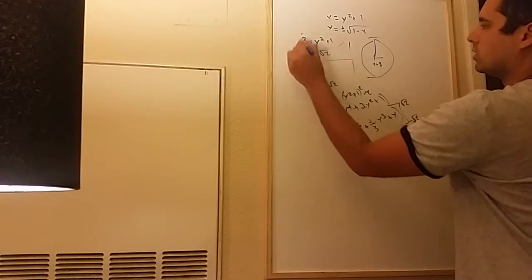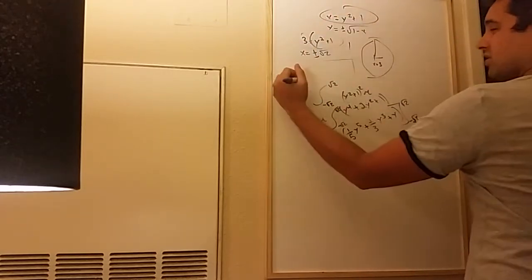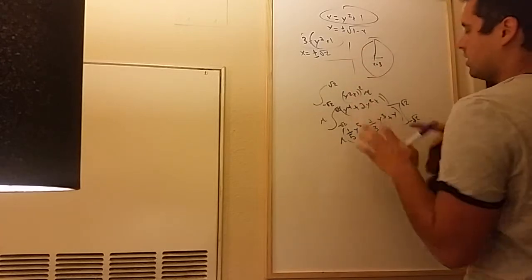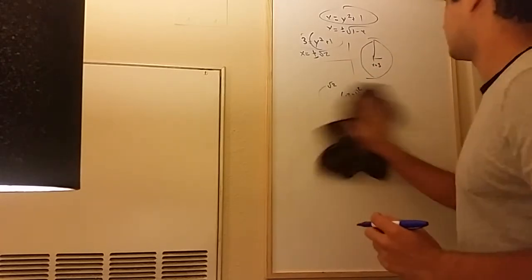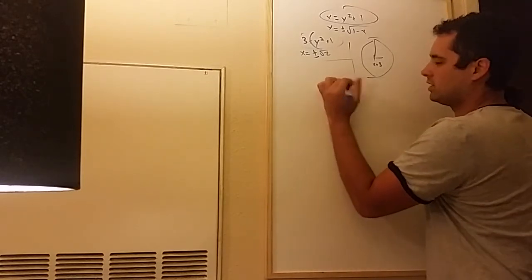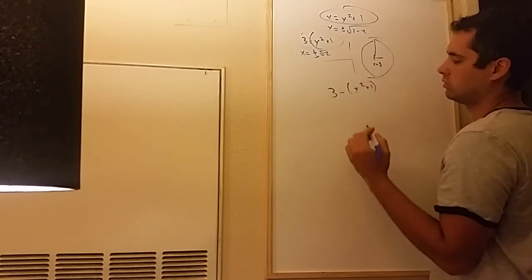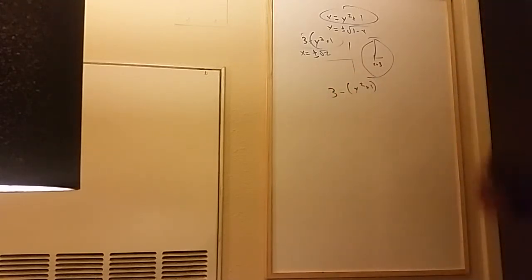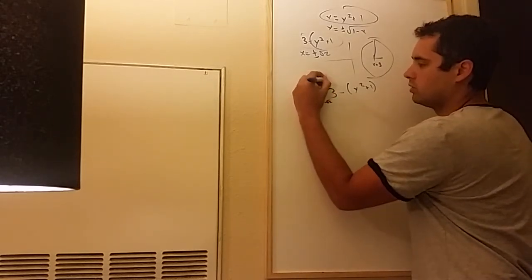Gotta take this y squared plus 1 and make it 3 minus, because there's a 3 here. That sucks. This is all scraps. 3 minus y squared plus 1. That's what we're doing there. Integral from negative square root of 2 to square root of 2.